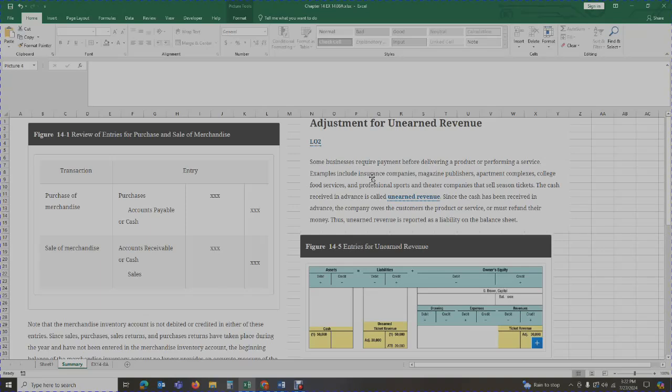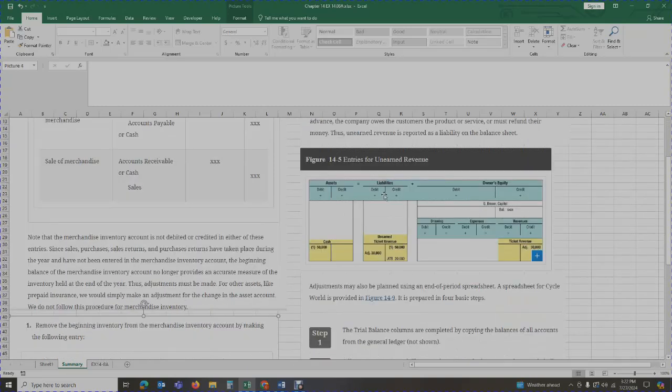If you receive cash in advance, that is called unearned revenue. The cash has been received in advance, but the company still owes for the product or the service, and you cannot recognize that money as earned until you've provided that customer with the product or services.